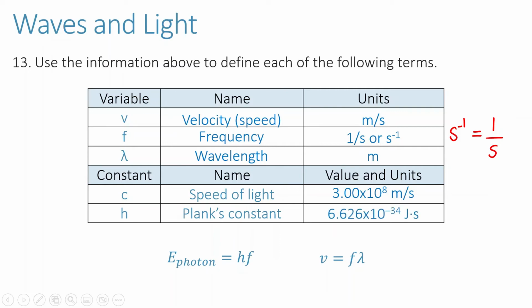Planck's constant is 6.626 times 10 to the negative 34 joule seconds. So our constant here is in meters per second. So if our wavelength was in nanometers, it wouldn't cancel out and I wouldn't get the proper units. So I need to make sure that when I'm presented with nanometers, I convert that into meters first.